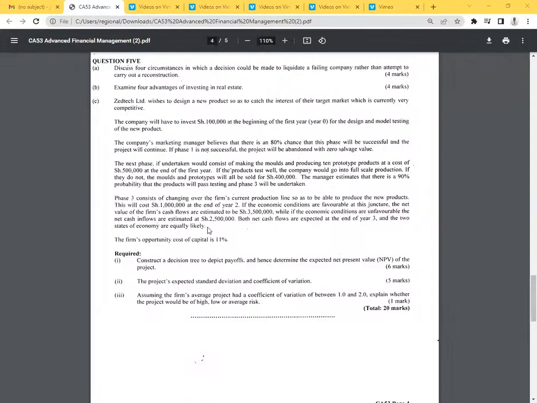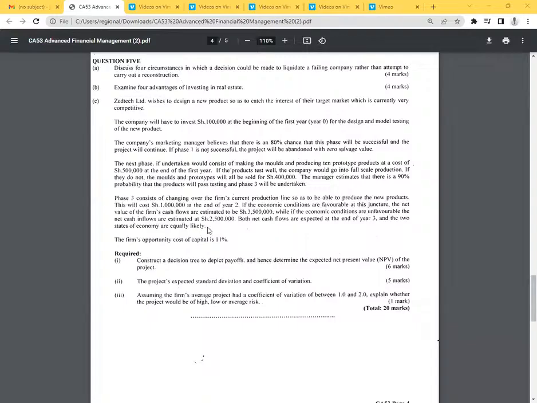Phase 3 consists of changing over the firm's current production line so as to be able to produce the new products. This will cost $1 million at the end of year 2. If the economic conditions are favorable at this juncture, the net value of the firm's cash flows are estimated to be 3.5 million, while if the economic conditions are unfavorable, the net cash inflows are estimated at 2.5 million.